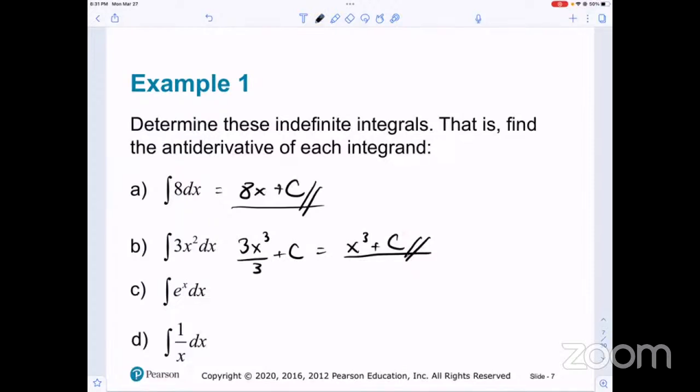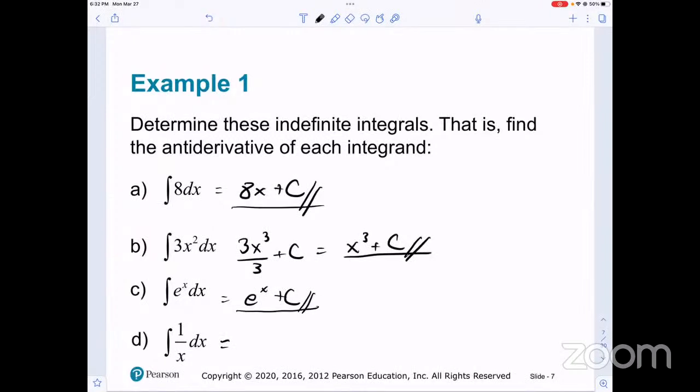Okay, e to the x is its own derivative. So this one should just be e to the x plus some constant. And again, we check by taking the derivative; you should get the part that's in the integral. Let me see. I think that one is what? Natural log?